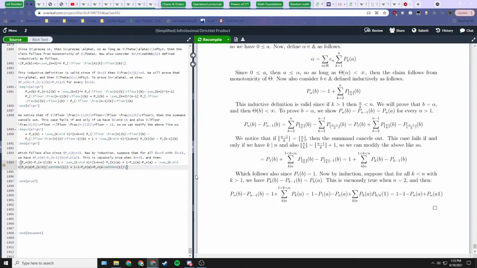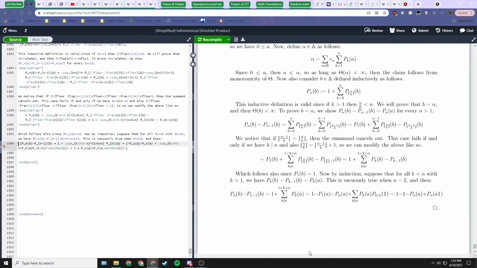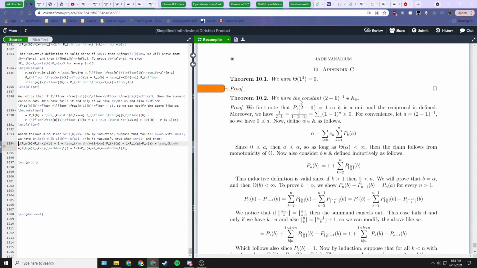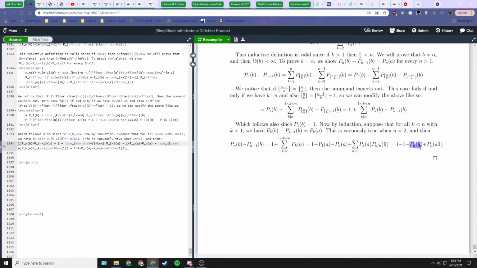That's correct, I think. Yes, so we start with the summation. We pull out these endpoints with this, and then p sub 1 of a, yeah, we did verify p sub 1 of a is 1. We have 1 minus 1, and then these actually cancel out.